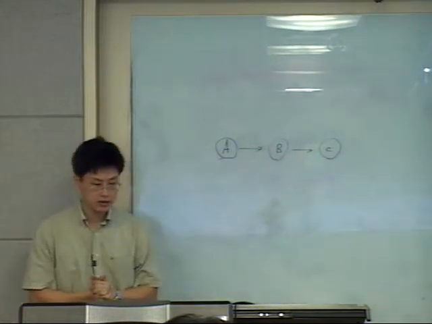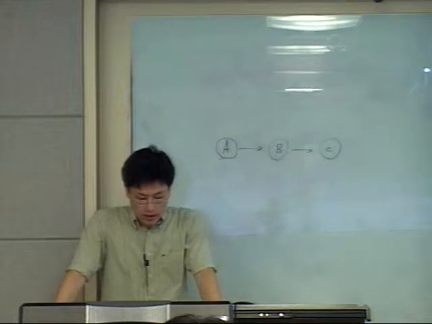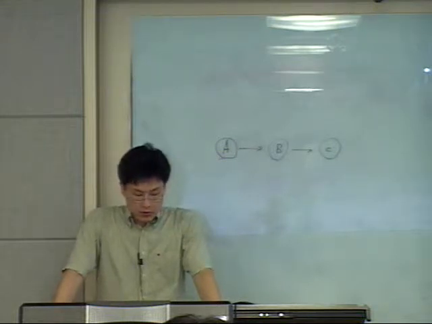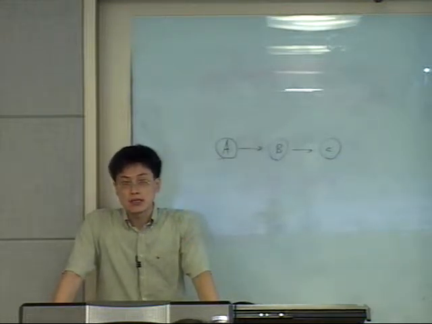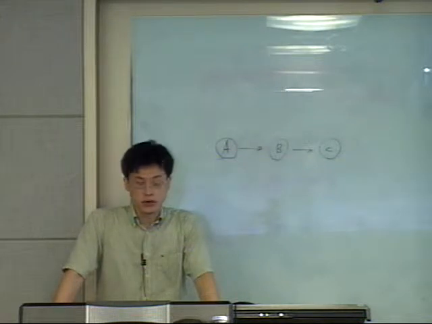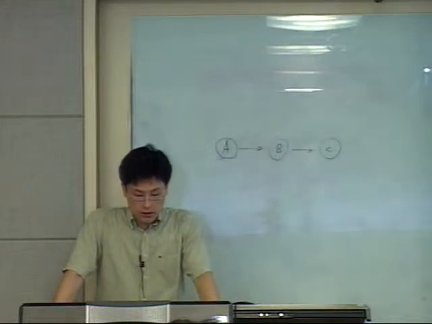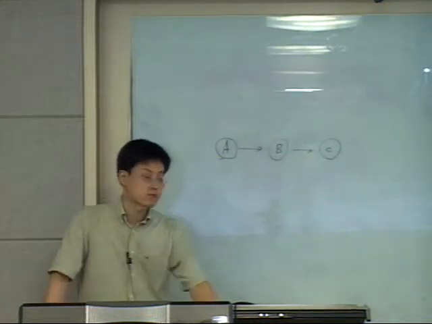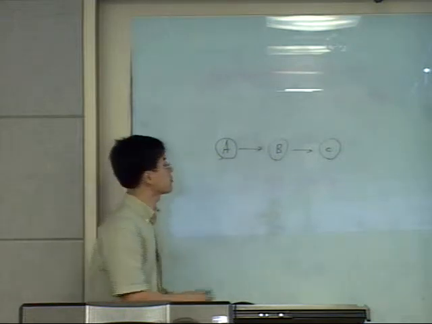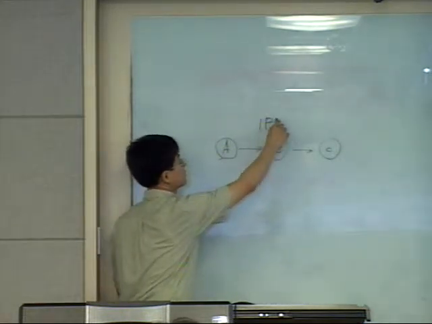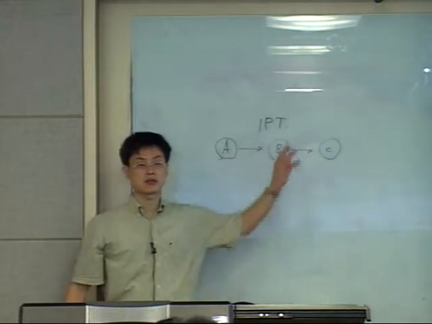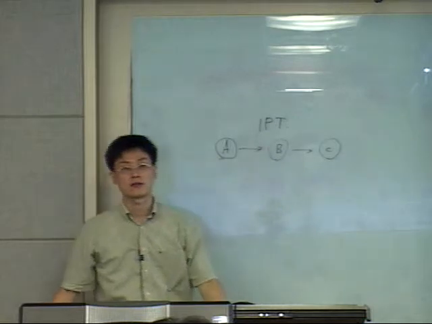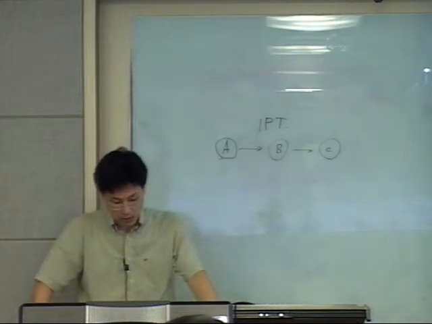The second paper is written by Keen and Tibbetts. The title is Revolution in Warship Design, Navy Industry Integrated Product Teams. The key word in this paper is the integrated product team, and you will hear this term a lot if you go into the industry.